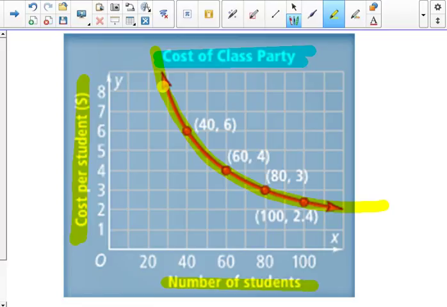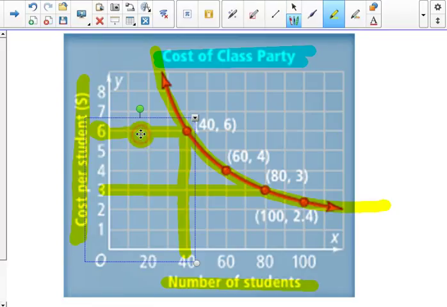Right. So for 80 students, the cost per student becomes $3. If I only have 40 students, the cost for each student becomes $6. So the more students, the cheaper, right?